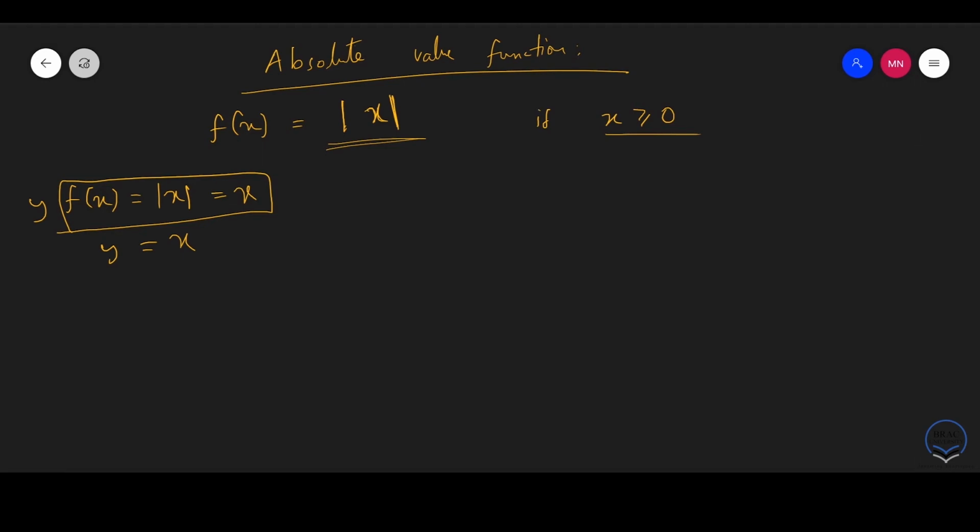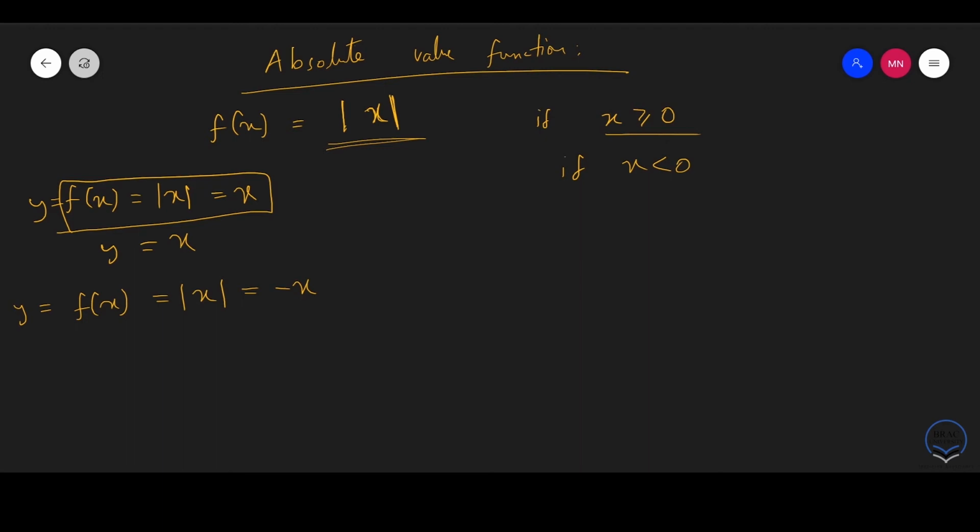But if x is less than 0, then we have y is equal to f of x, which is equal to the absolute value of x, but this will be equal to minus x, right?